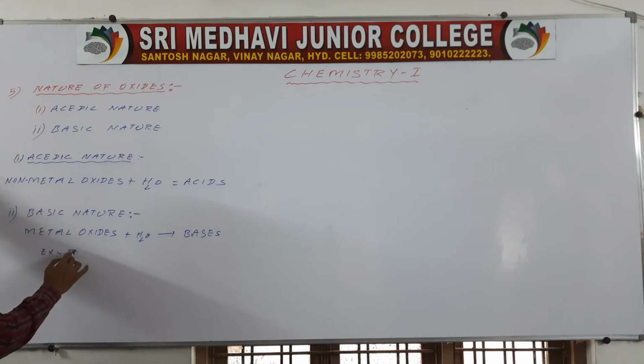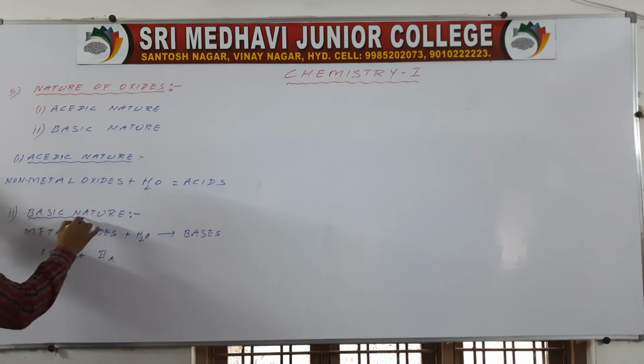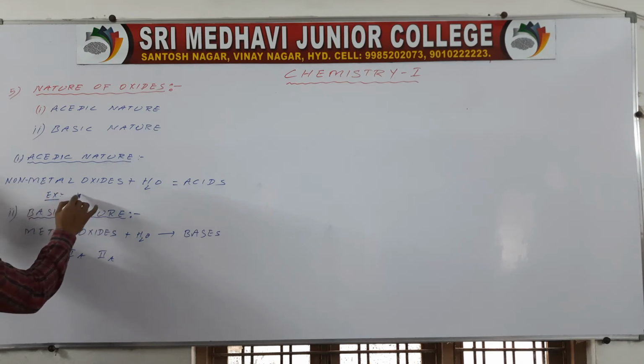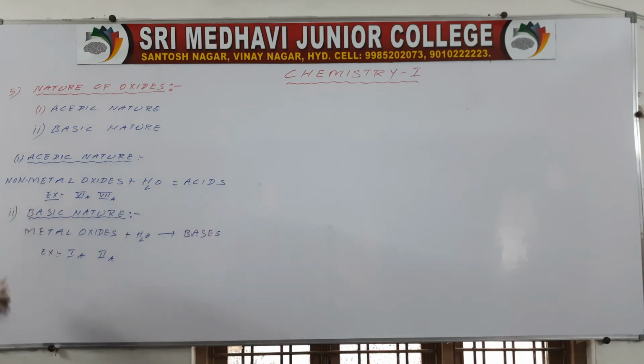Example, first A and second A groups. For acidic nature, the examples are 6th A and 7th A groups.